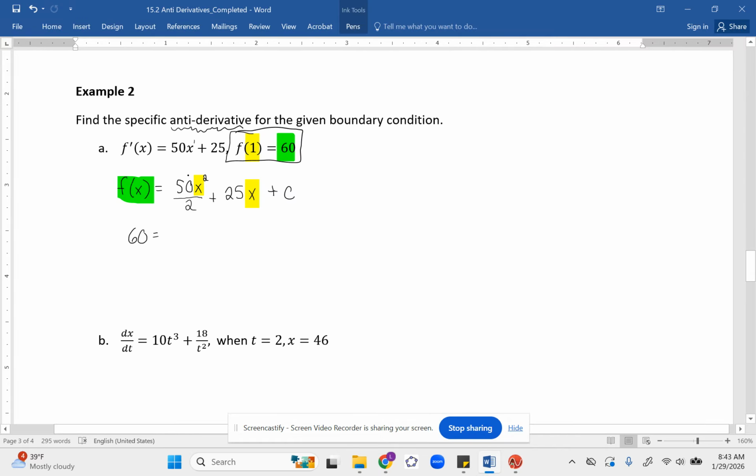I'm actually going to also divide the 50 and the 2 right now, which gives me 25. So that's 25 times 1 squared plus 25 times 1 plus c. You can end solve this if you'd like to, or you can solve this with a little bit of algebra if you're confident, and you should get c equals 10.